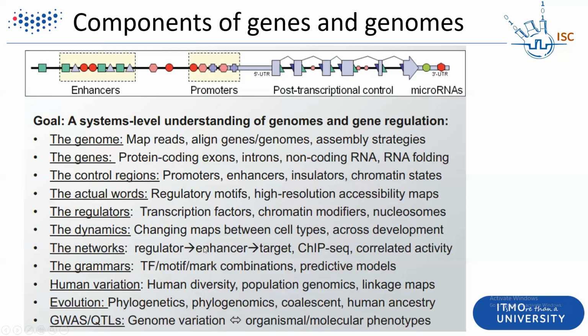Last time we already discussed what the networks are and how we can utilize them. And here you have a regulator, enhancer, and a target, and a ChIP-seq experimental protocol to generate these networks. Also, there is a motif mark combination predicting model.